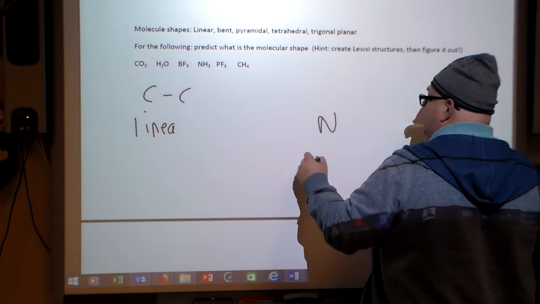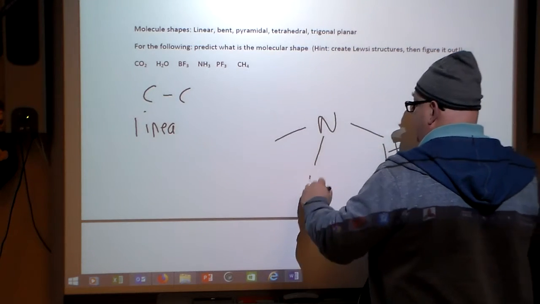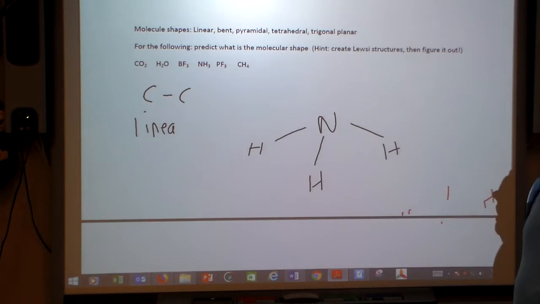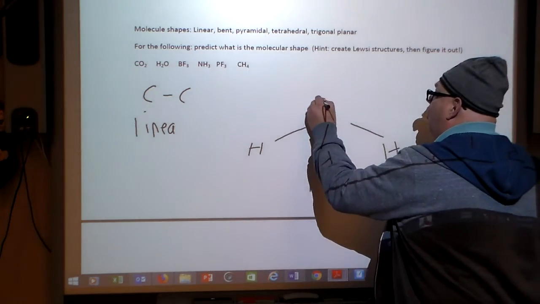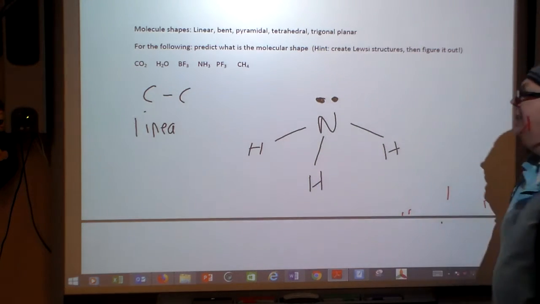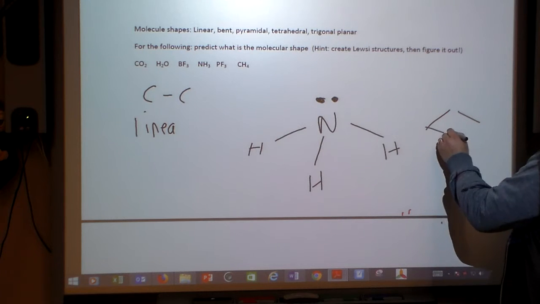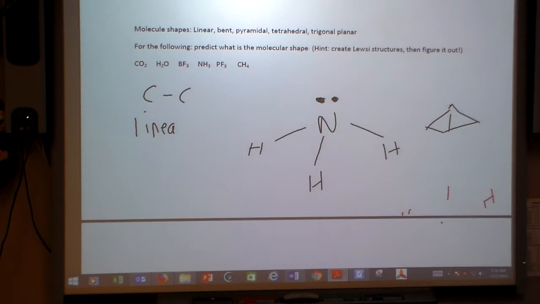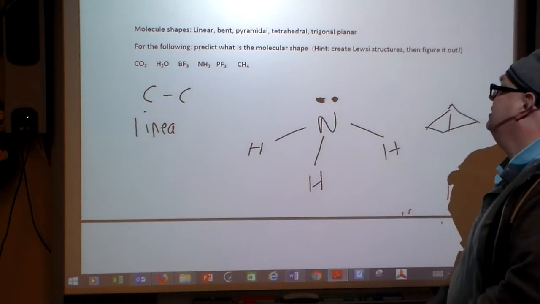If we have N here, and we have 3 H's, normally it would be trigonal planar, it would be flat, except for this one pair of electrons. That's what makes it a pyramid, guys. So pay attention to that.